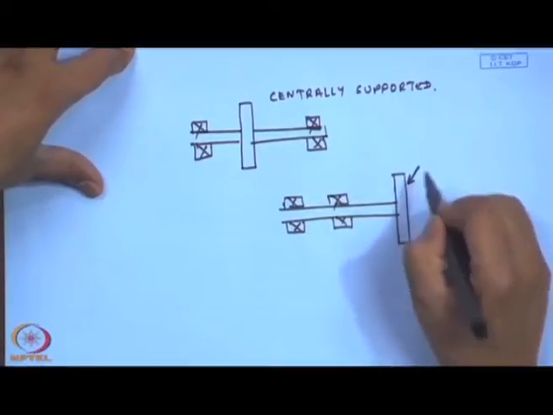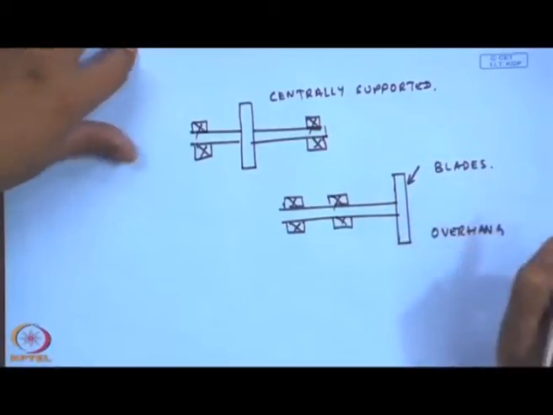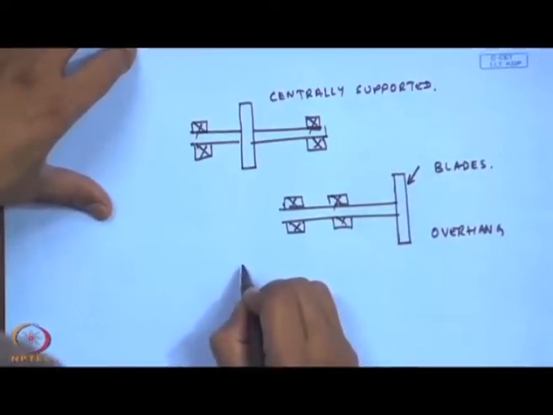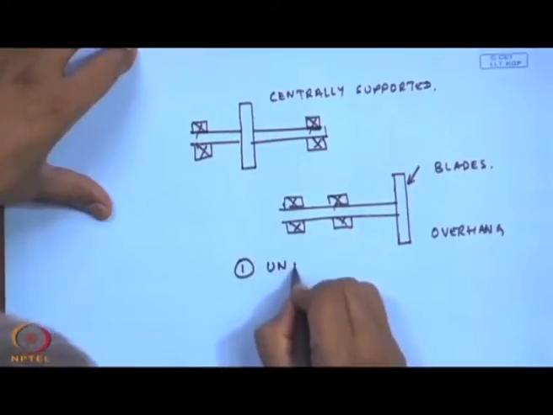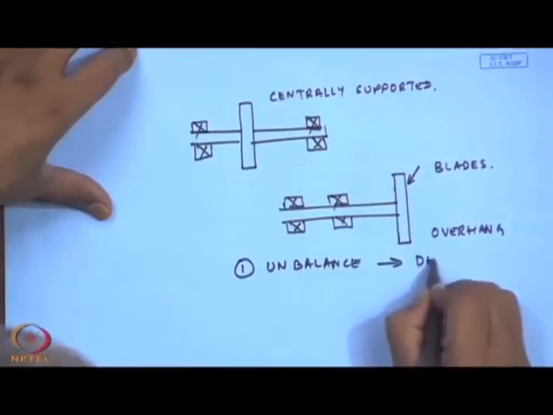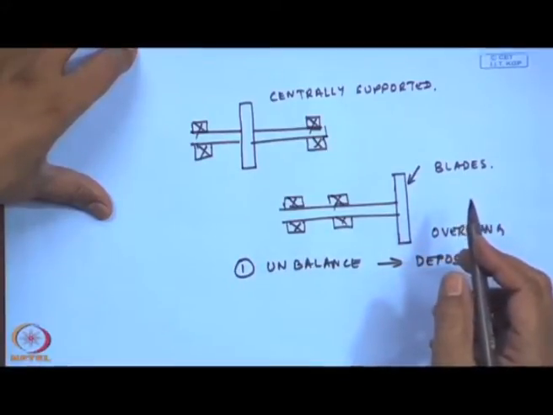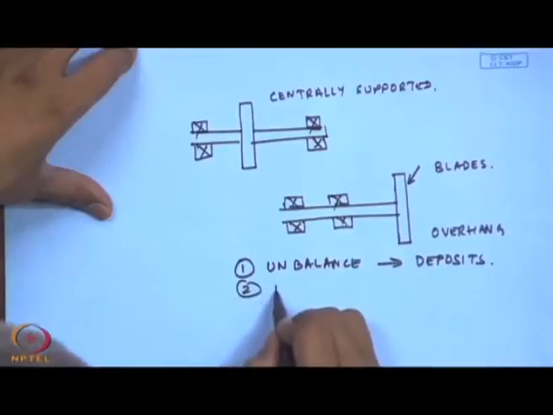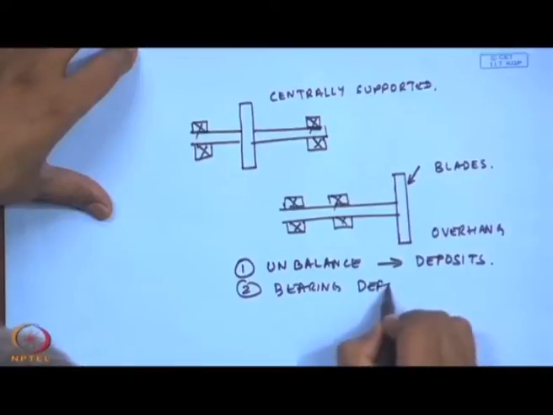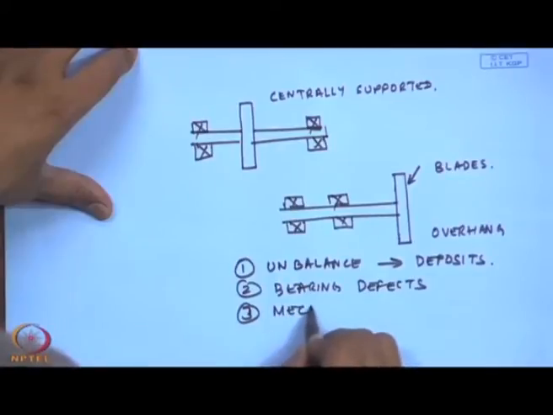Now, this could be your blades. And this is the origin of vibration. One is unbalance because of deposits, unbalance because of manufacturing defects can happen, and of course, leads to bearing defect, and this will lead to mechanical failure.